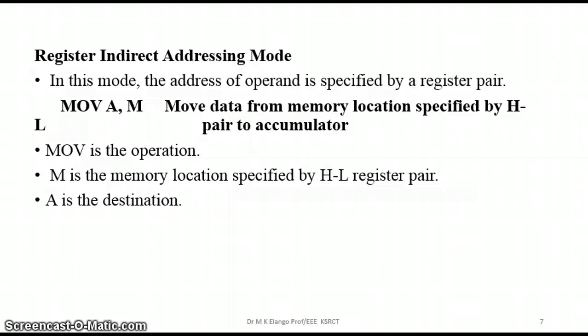So by executing that, the microprocessor knows where the address location is, and from that location data has to be transferred. Example: MOV A, M, move data from the memory location specified by the HL register pair to the accumulator. Here MOV is the operation, M is the memory location specified by the HL register pair, and A is the destination.